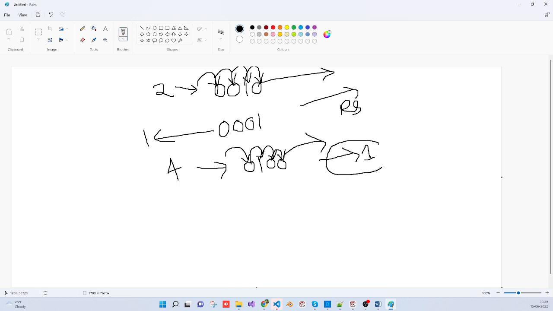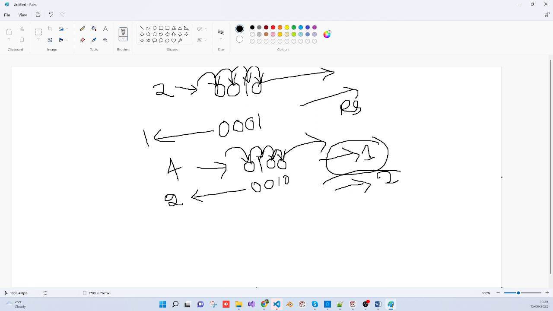After one time shifting, my output is 0010, so the decimal number is 2.